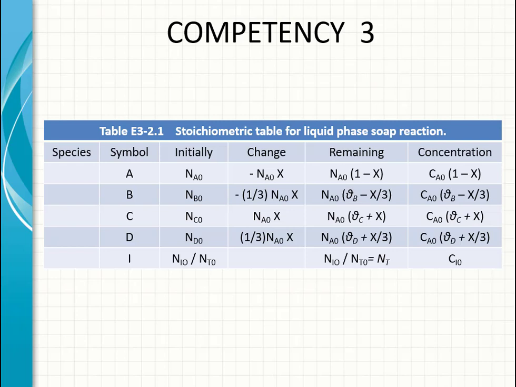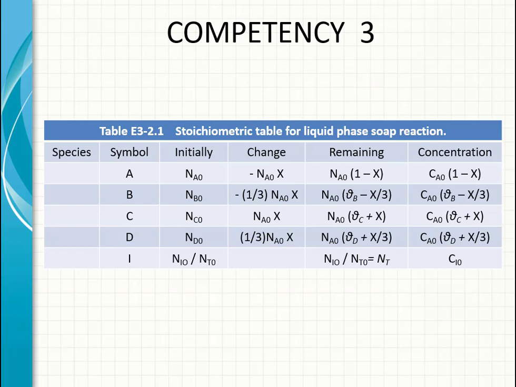So the remaining, for A, we will have Na0 times 1 minus X. For B, we will have Na0 times theta B minus X divided by 3. For C, we will have Na0 times theta C plus X, and for D, Na0 times theta D plus X divided by 3.